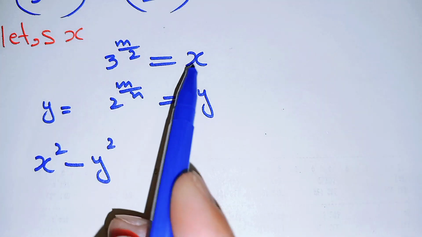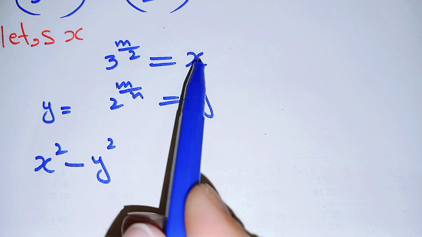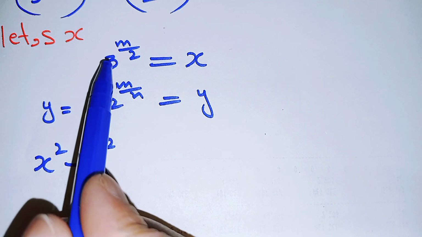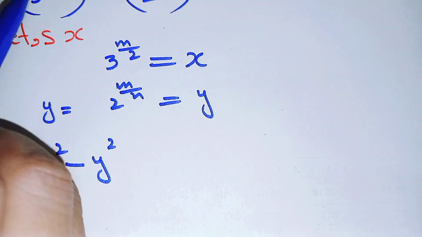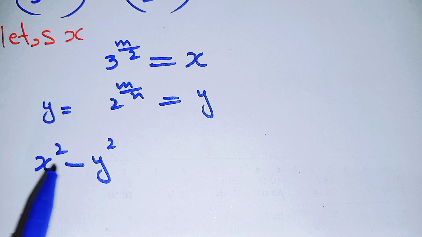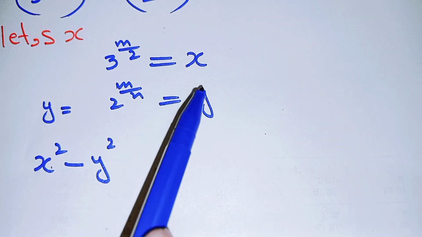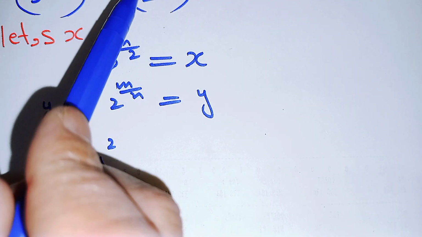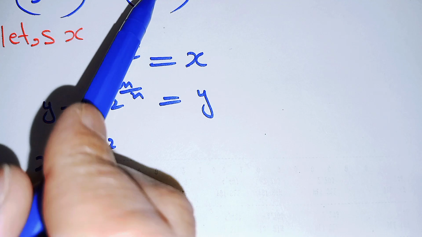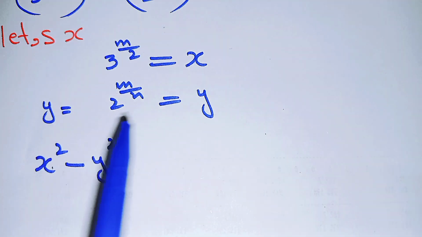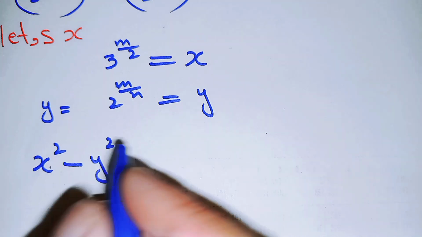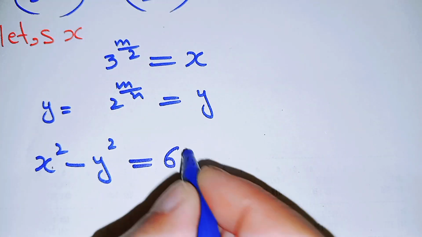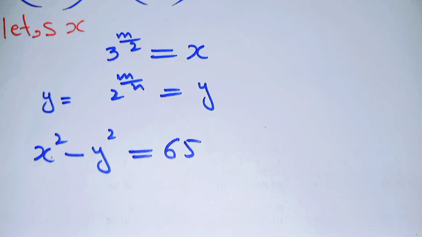We put x as the value of 3 to the power of m over 2, so x square, and minus y, which is 2 to the power of m over 2, so y square, is equal to 65.